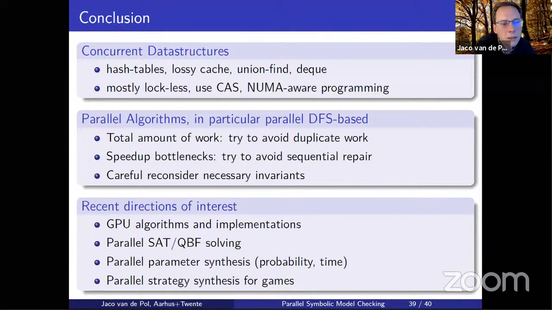The sequential ones are so smart, and sharing the information that you need for learning clauses, etc., provides so much communication overhead that this is still very hard. There are some successful papers, but I would consider this still as unsolved. And then my current interest is more towards parameter synthesis and strategies, and using parallel algorithms for those. So I'm now more working in this area.